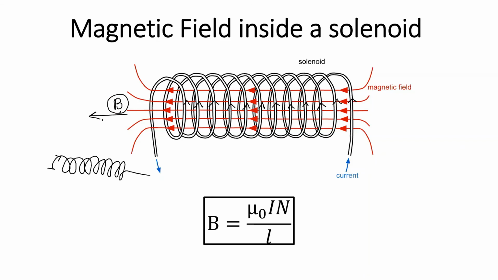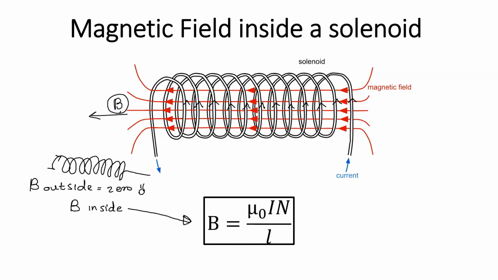Something to remember about solenoids is that the B field inside is given by this equation, which I will talk about in a few seconds. But the B field outside the solenoid is 0.